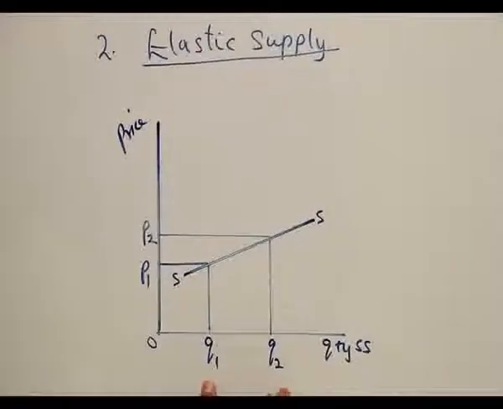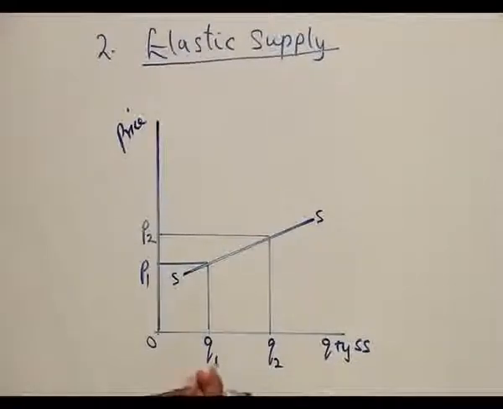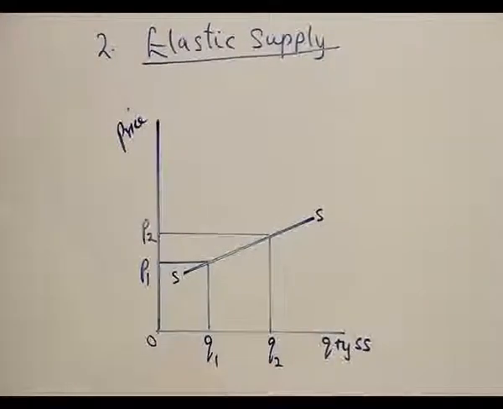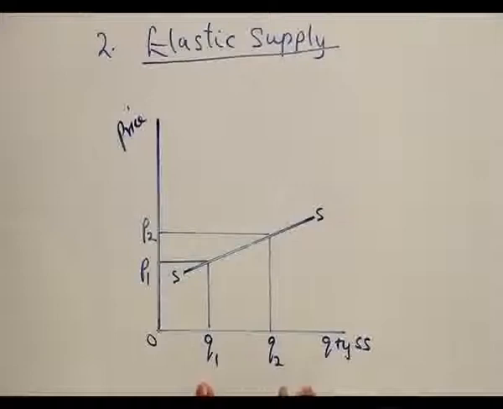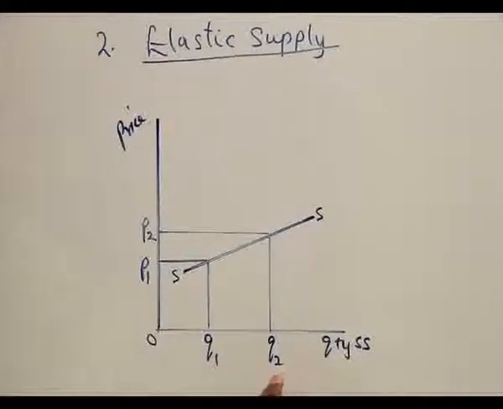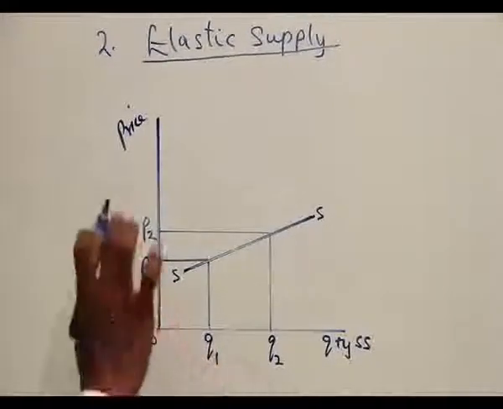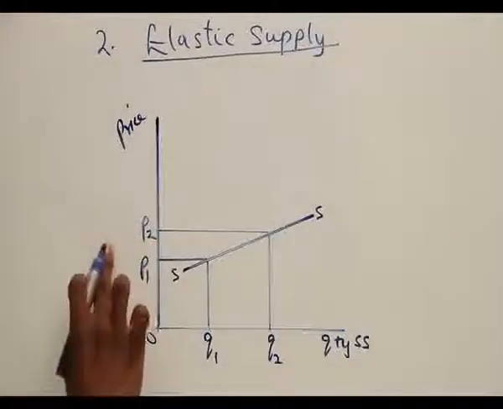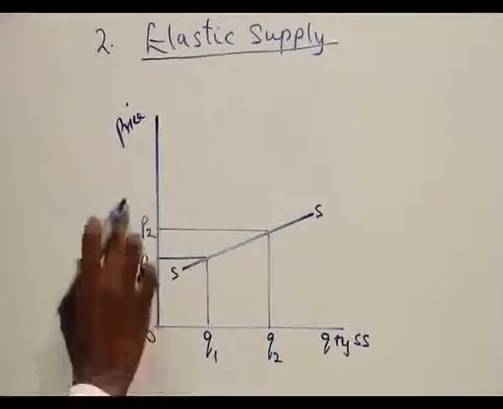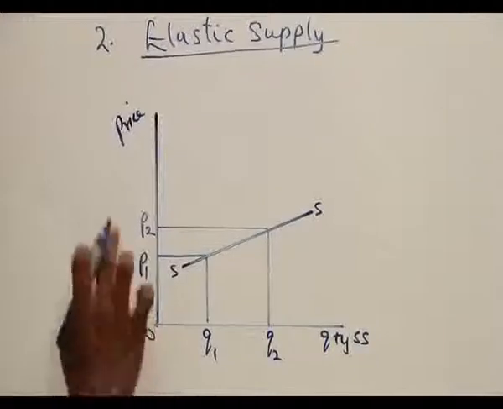When we look at the quantity axis, we can see from Q1 to Q2 there is a change, either to the right or to the left, a change in quantity supply from Q1 to Q2 or Q2 to Q1. When it comes to the price axis, we can also see a change from P1 to P2 or P2 to P1.